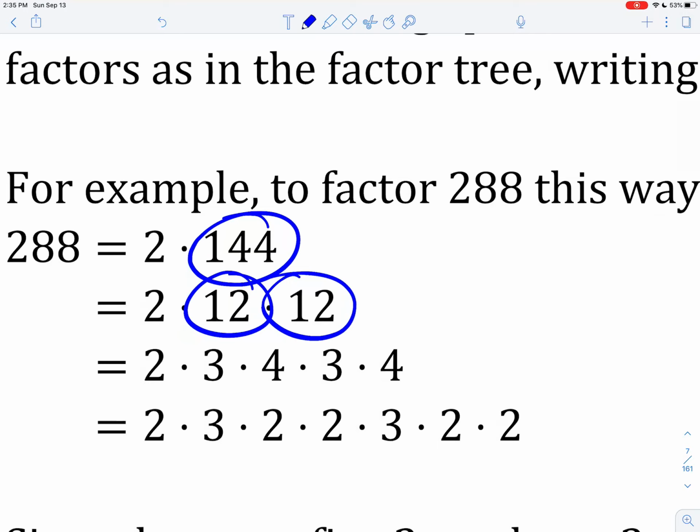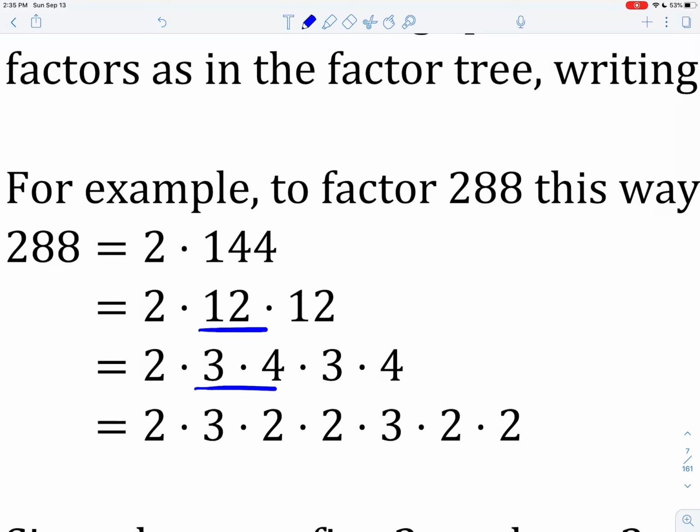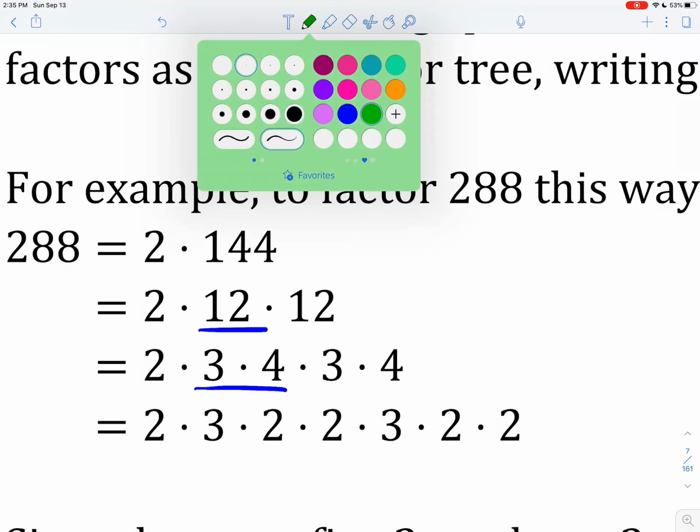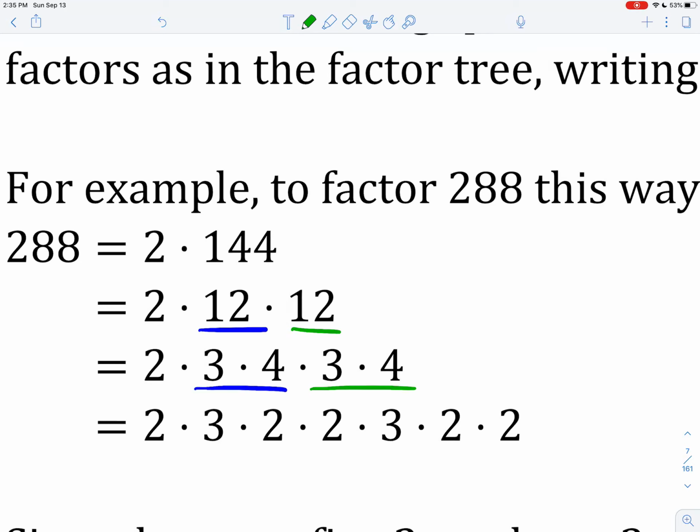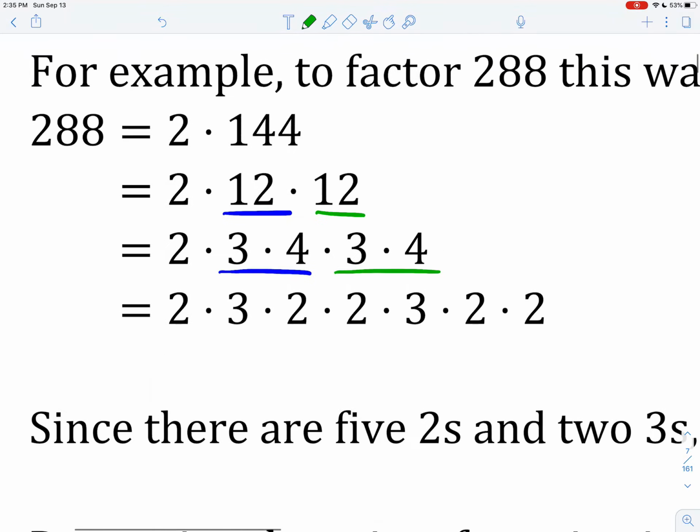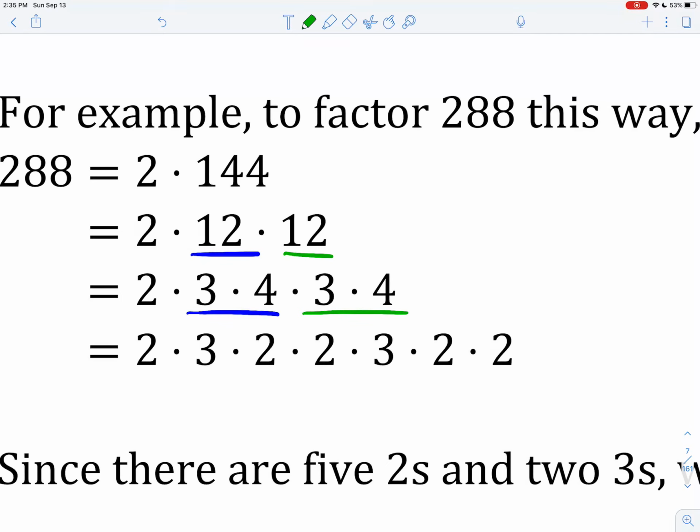So we keep breaking every single piece down until everything's prime. This 12 turns into 3 times 4, and this 12 turns into 3 times 4. So that's where everything in that line comes from. And then the 4s each turn into 2s. So that's where those 12s go.